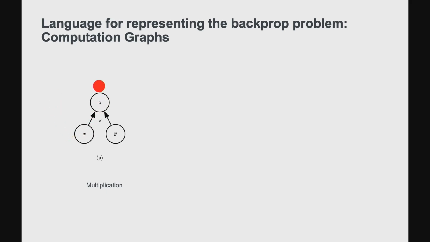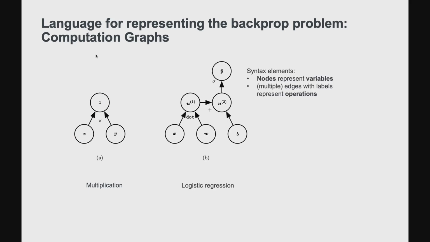This is the computation graph, and it describes what value is combined with which other value before the next operation happens. And when I describe logistic regression, I can describe it with such a computation graph. Logistic regression is nothing else: I take an input and compute the dot product with some weights.